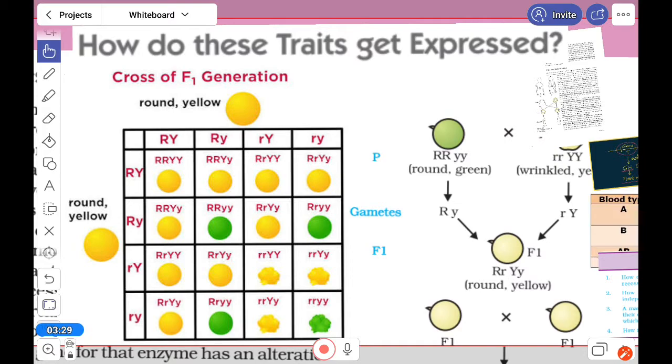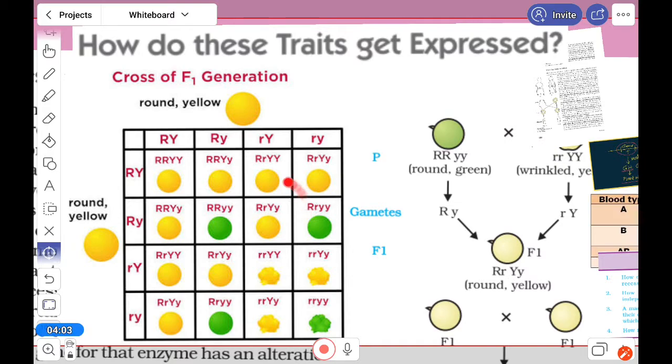What are the 4 different gametes? RY, Ry, rY, and ry. So in these, all the different types of combinations are made.